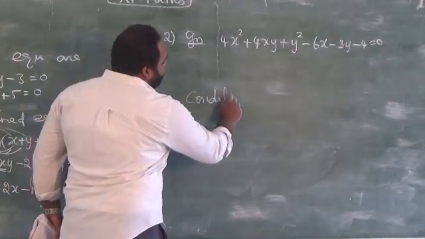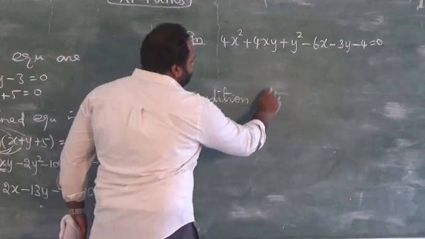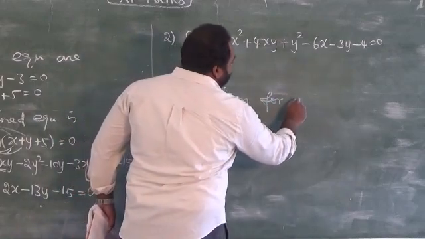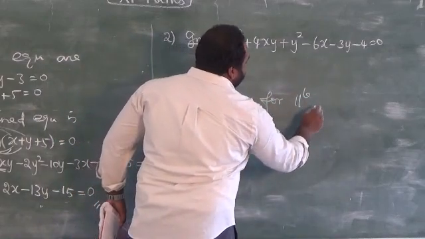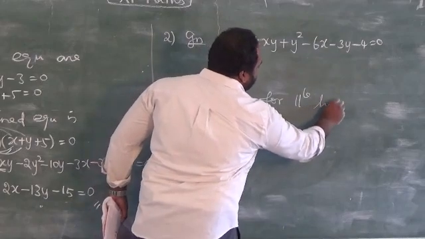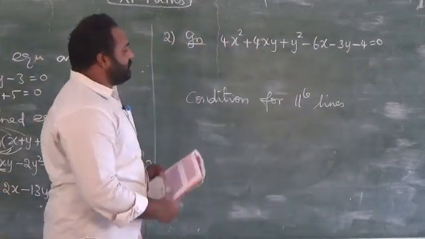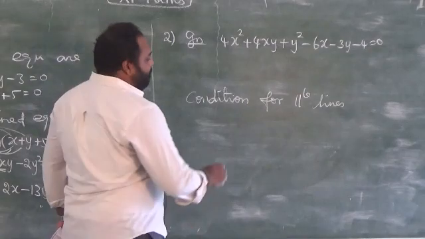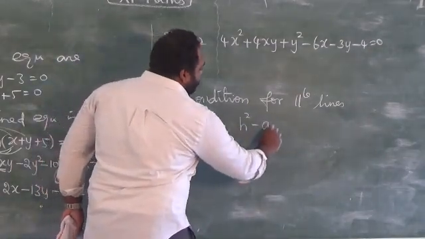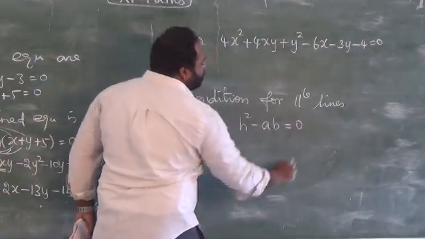So what is the condition for a pair of parallel lines? The condition for a pair of parallel lines is h square minus ab equal to 0.